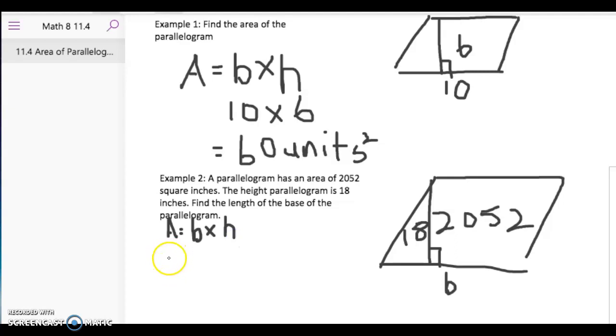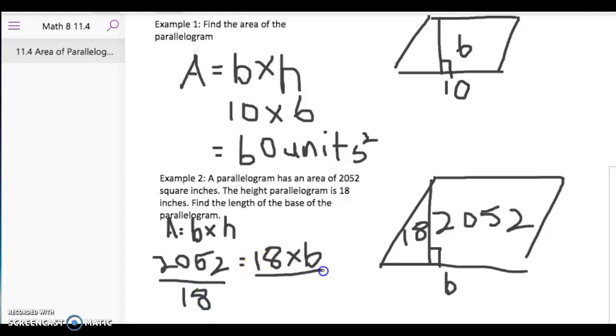And then you have 2,052, that's a 5, 52, equals 18 times base, or base times 18, doesn't matter. And then what you can do is divide both sides by 18, simple algebra, to find what b is.